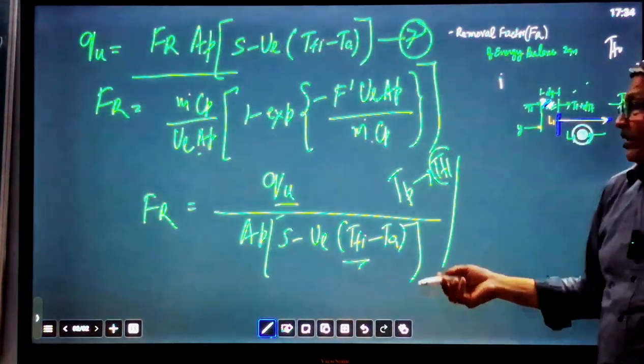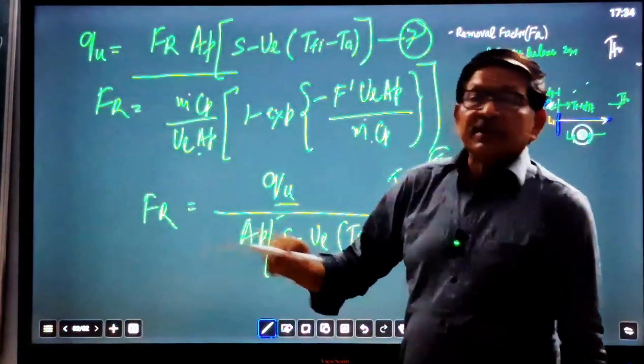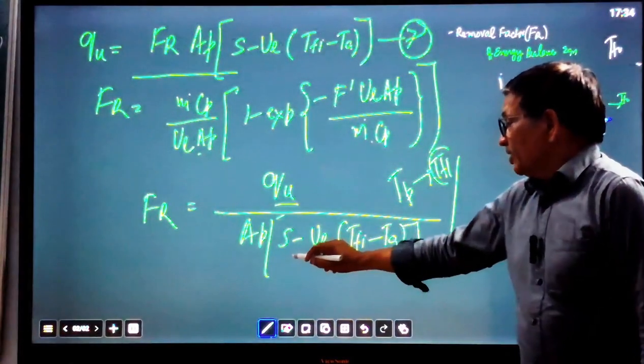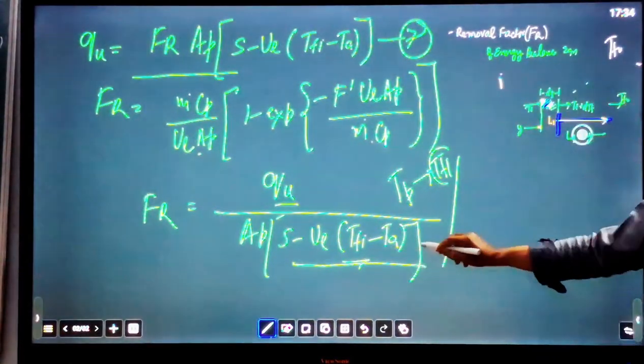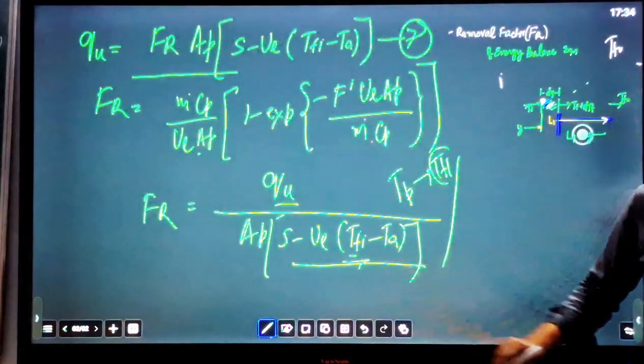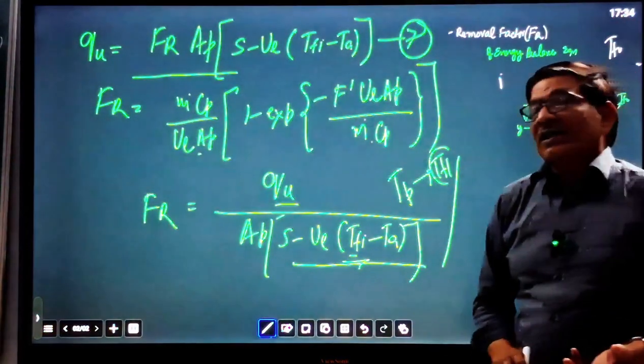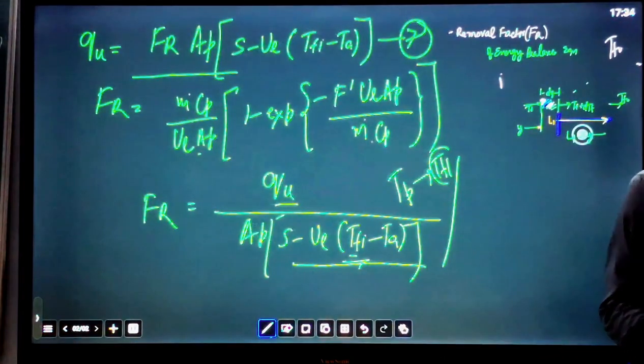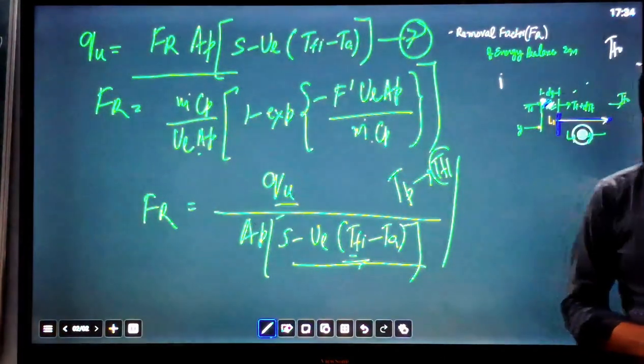This is very simple. This is the physical significance of the collector heat removal factor.